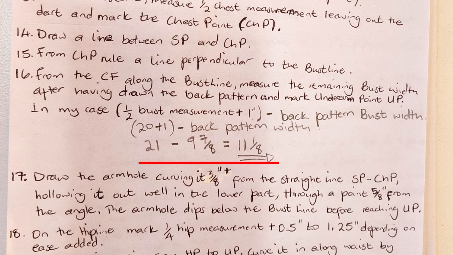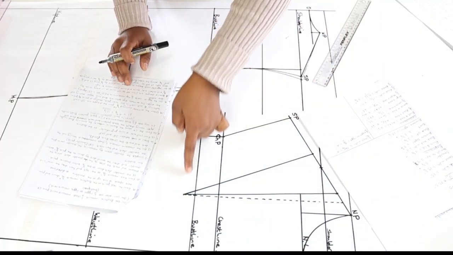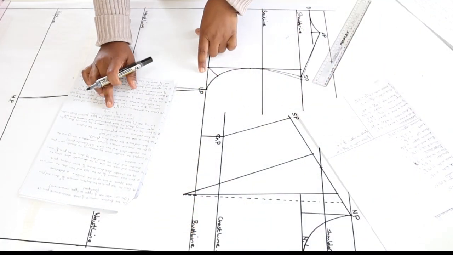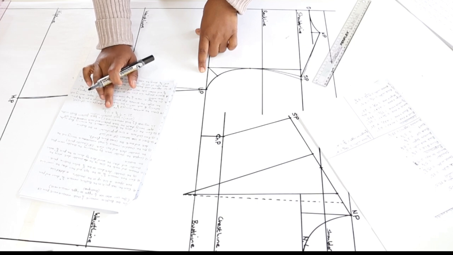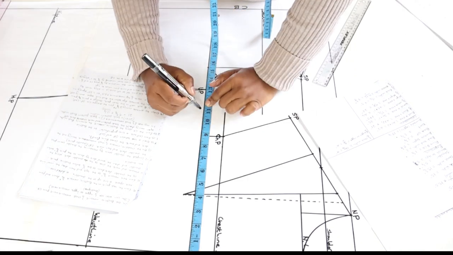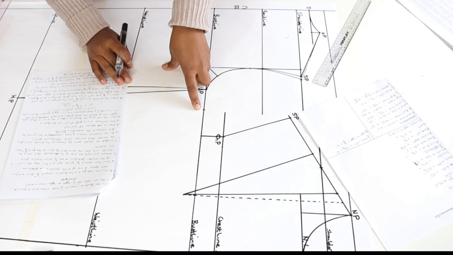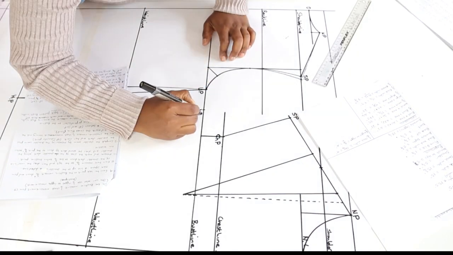I'm going to say 21 minus the 9 7/8, and the answer will be 11 1/8. So it means along the bust line for the front, I'm going to measure 11 1/8 of an inch. Measure 11 1/8. So we make a mark. And then we are going to label this mark as the underarm point UP.